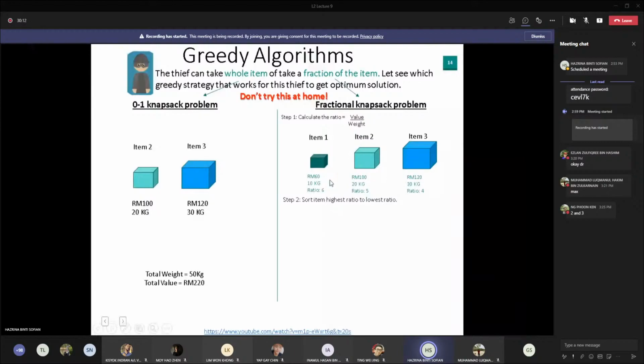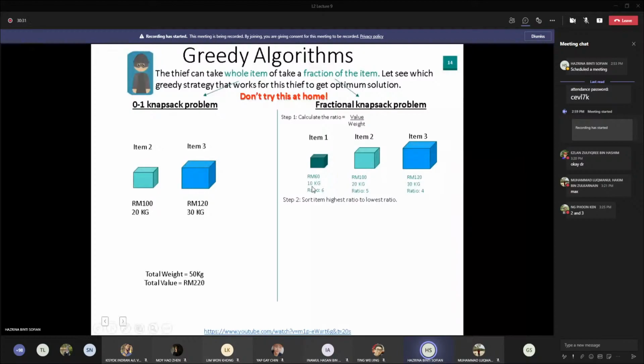At a glance, we can tell the thief, first you steal this item first. So we have 10 kgs, and the knapsack is now occupied with 10 kg.